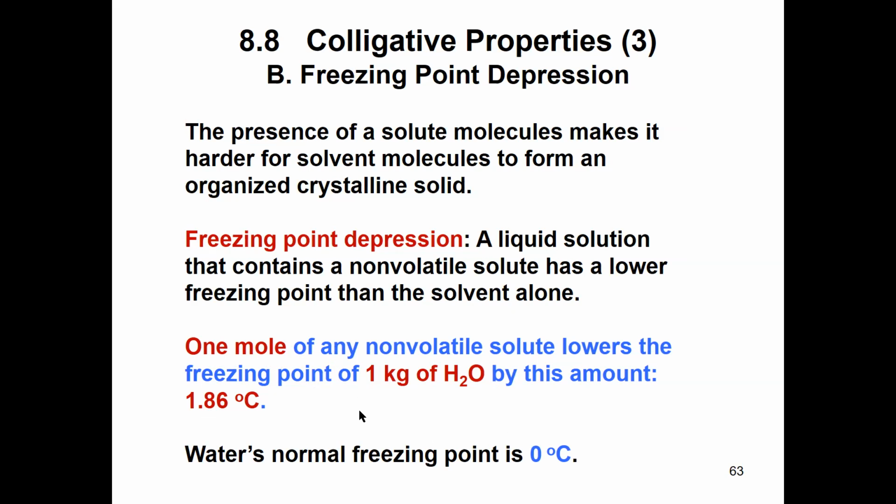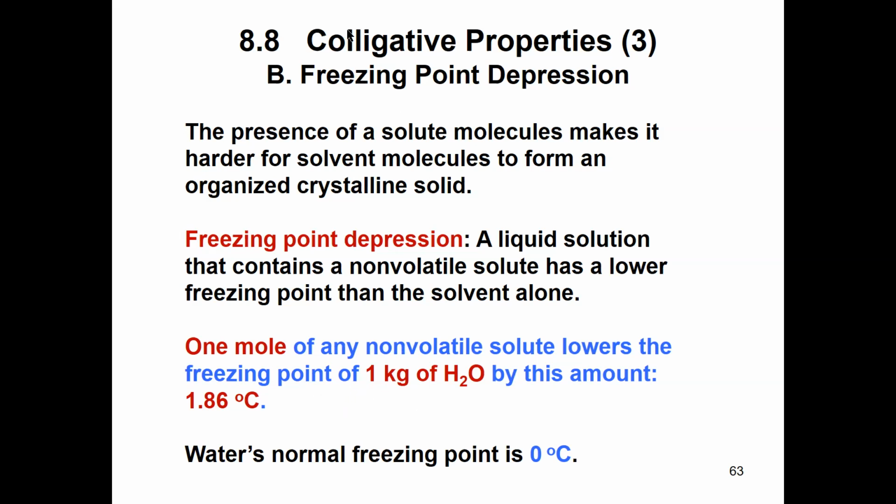That means it would be negative 1.86 degrees Celsius for 1 mole of salt in 1 kilogram of water. And if you had another mole, then you multiply the 1.86 by 2, etc. So that's the freezing point depression.